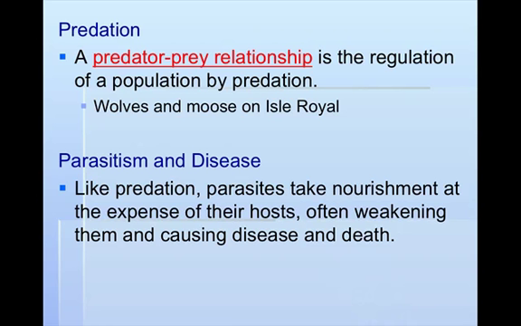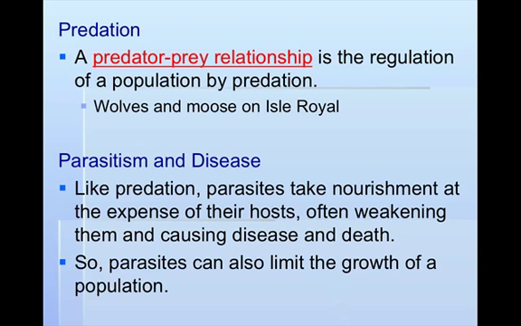That's going to be the parasite. It doesn't always want to kill the host, because if it kills the host, then it doesn't have anything to live off of. So parasites can also limit the growth of a population. These are 3 density-dependent factors.